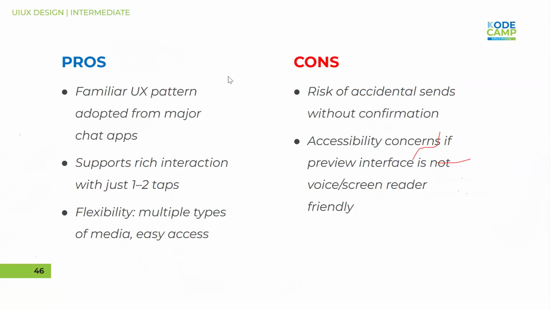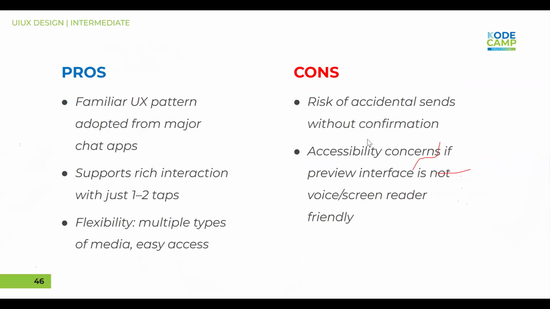So these are our pros. We have that it has a familiar UX pattern. Remember that when users open the chat, they click on attachment, then they send it. It is familiar. Everybody knows that process, as simple as it is. And it supports rich interactions with just one or two taps, so you can achieve your goals with one or two taps.